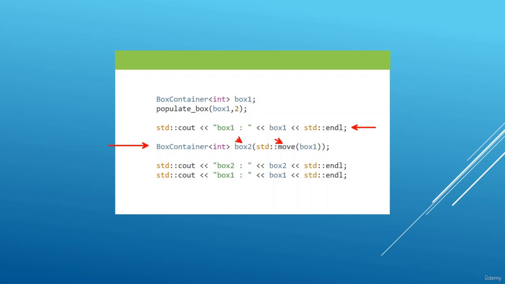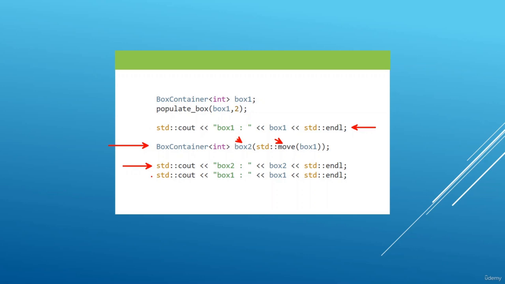So what happens to box 1? Well, box 1 is going to be invalidated, so the pointers in box 1 are going to be invalidated. Its size is going to be reset to 0, its capacity is going to be reset to 0. And if we go down here, we're going to see that the data has moved in box 2, and box 1 is going to effectively be a shell object, which doesn't contain anything.